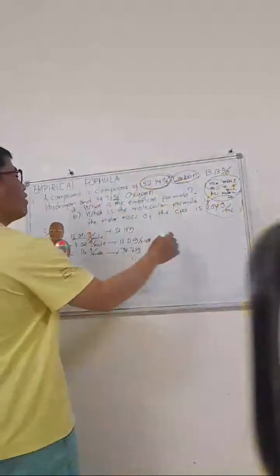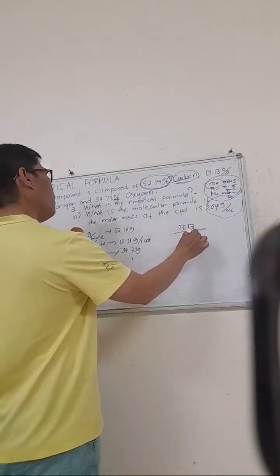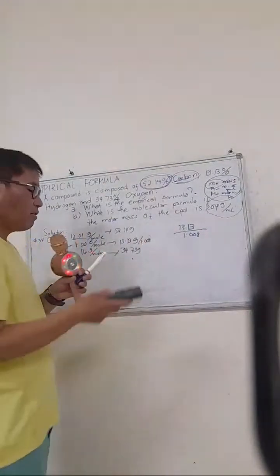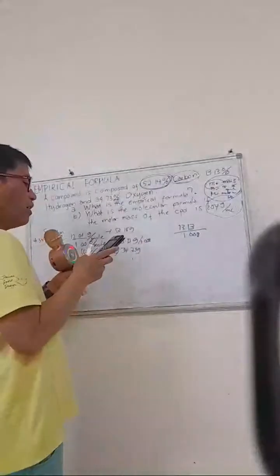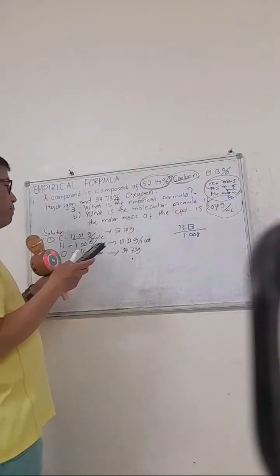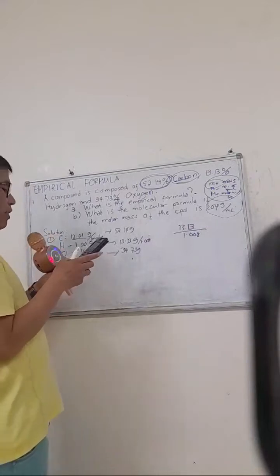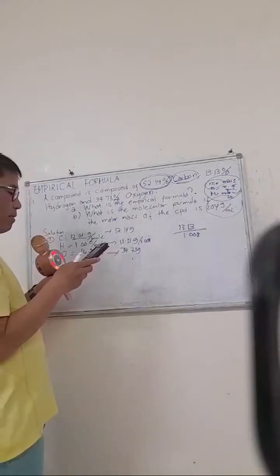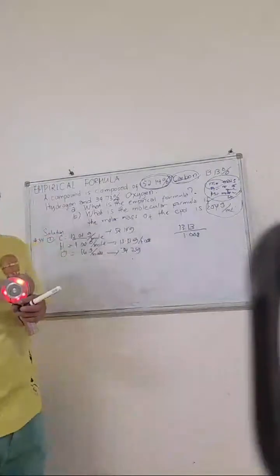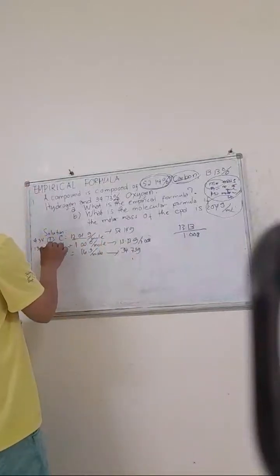It's going to be 13.13 divided by 1.008. No need to explain further the formula because I showed already how to do it. So 13.13 divided by 1.008 is equal to 13.026. So 13.026 for hydrogen.